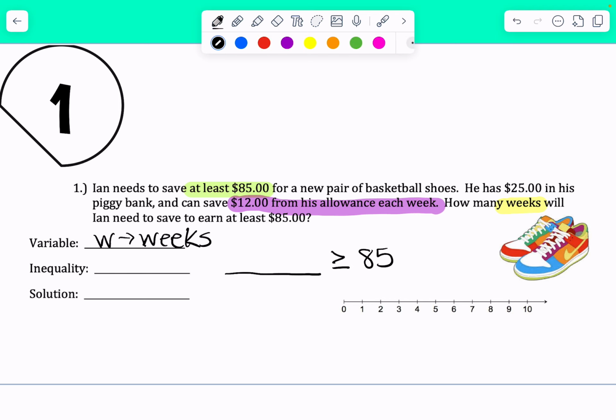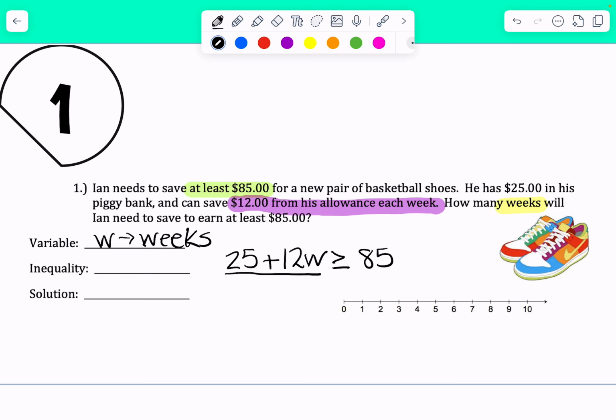So $12 each week. We know our W is weeks, okay? So I know that right now he has $25 plus he's going to have this $12 per week. So I'm going to write that as 12W, okay? Because if he saved for 2 weeks, then he would save $12 times 2 and then add on that $25 he already had, okay? So here's our inequality.